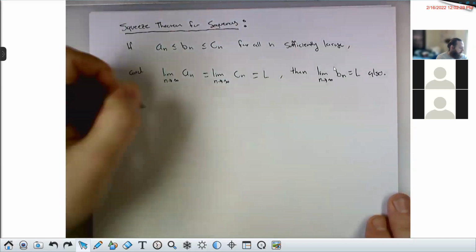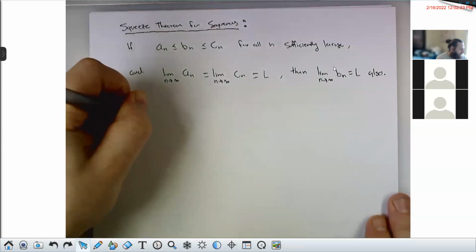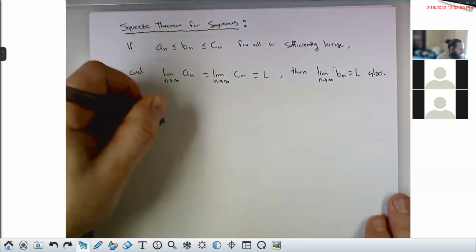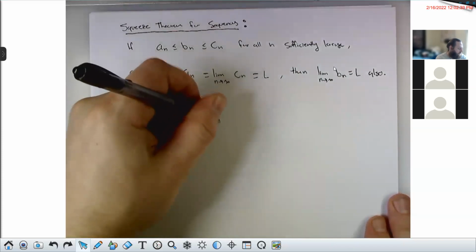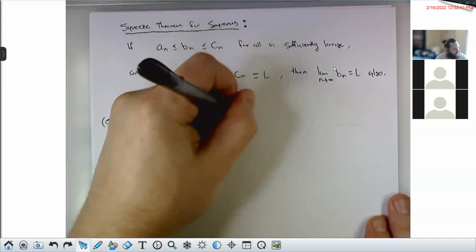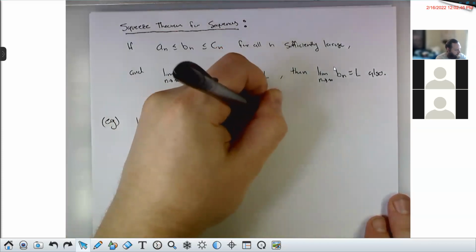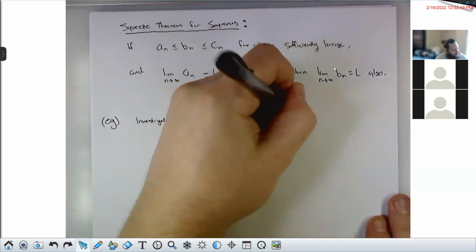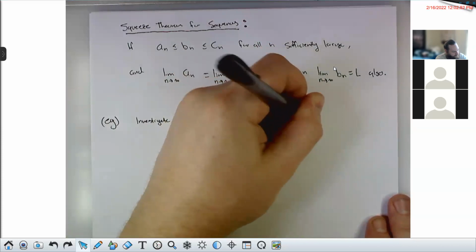The example I have in mind for this, let's investigate the convergence of the sequence, I'll call it an, about sine of n over n squared.